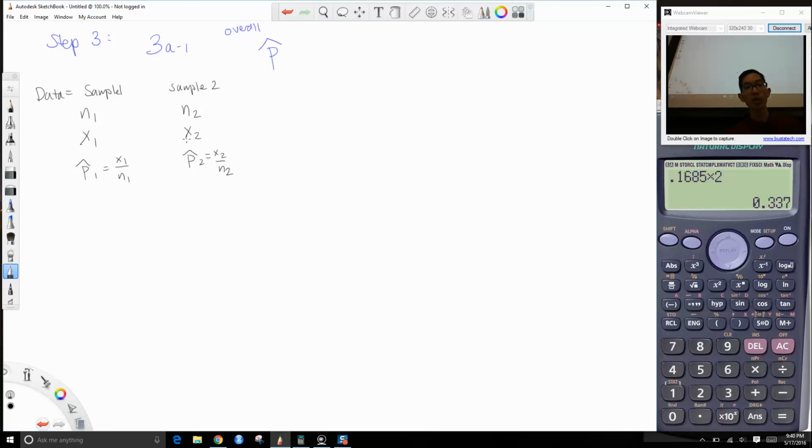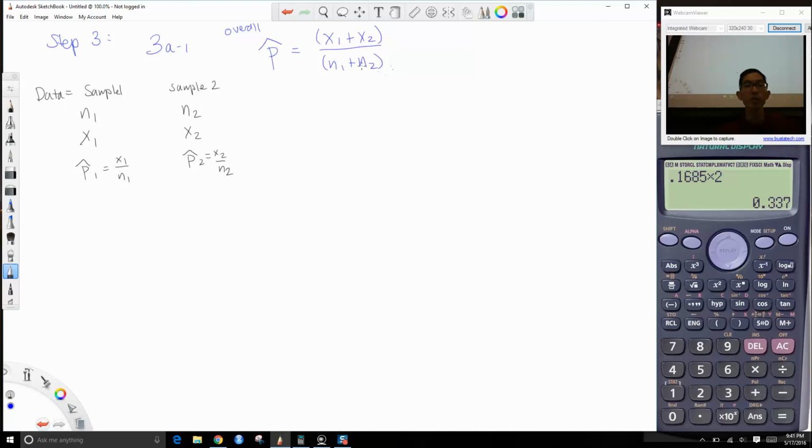We're just getting the size of your sample and the number of successes, and then you get the proportion by doing X over N. That part's familiar, right? We just have two of them because we've got two samples. That's good with everybody, right? As far as step 3 goes, you have to find your overall p hat, which is X1 plus X2 divided by N1 plus N2.